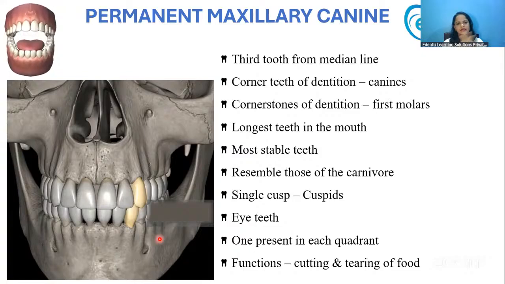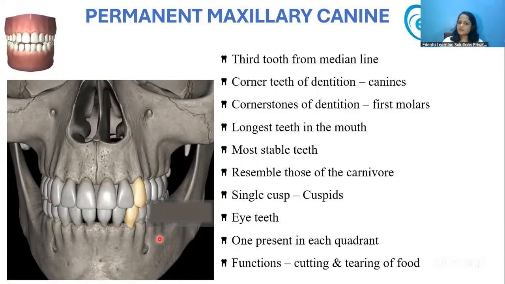The main headings that you write in the answer sheet, put them as contents. And then start with the answer. While starting the answer, give a small introduction about that particular tooth, the permanent maxillary canine.